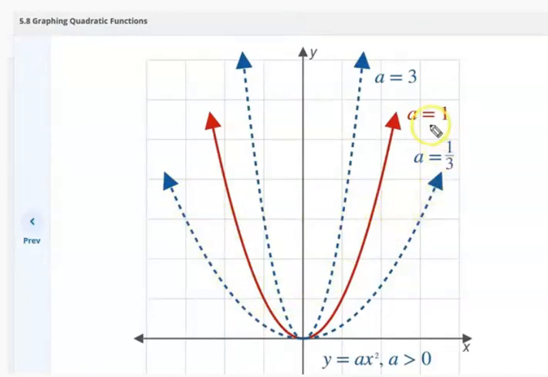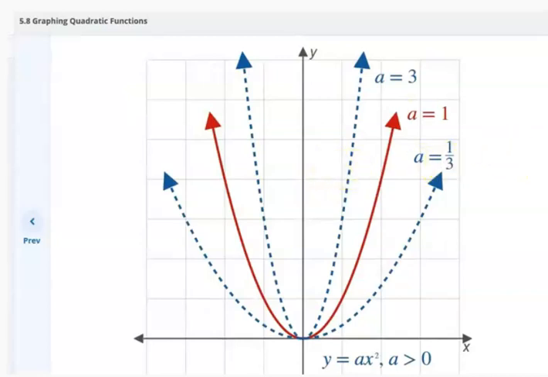As the A value goes to 1, it gets a little closer to the y-axis. When A is 3, it gets rather close, and if it was 4 or 5 or 6, it would get even closer. So this is just trends within the graphing of parabolas.